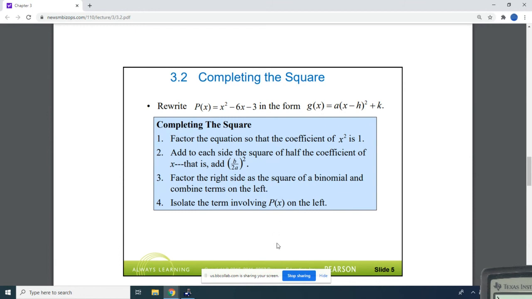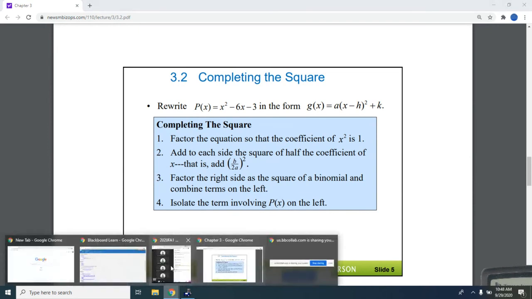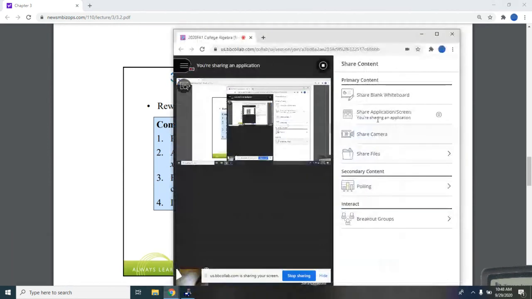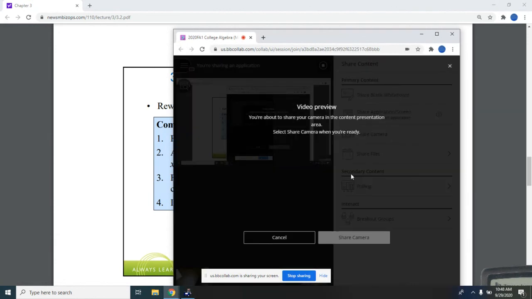Okay, so I'm going to go back to our shared screen. Excuse me, I want to go back to our document camera. This is the shared screen. And we're going to work out an example.